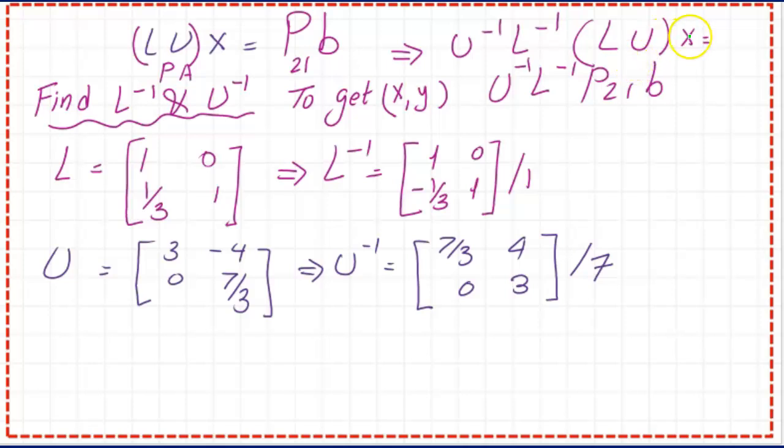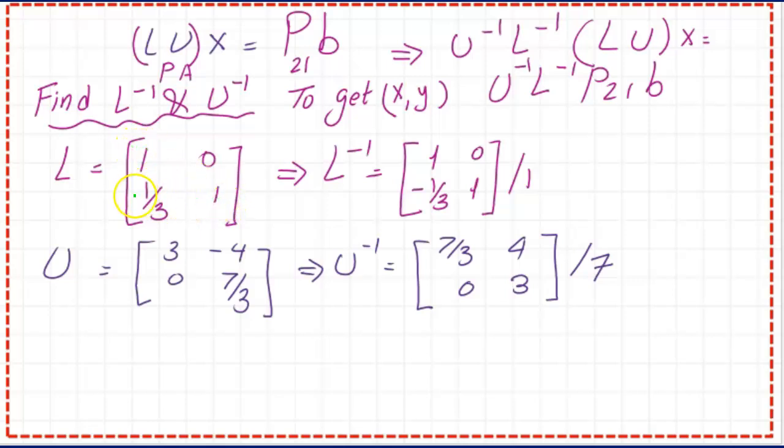So in order to get the X value, we will equate it to the inverse of the upper matrix multiplied by the inverse of the lower matrix by the permutation matrix P21, all multiplied by B. If you have the L matrix as 1, 0, 1 over 3, and 1, it is easy to find the inverse matrix by swapping the 1 and 1 here.